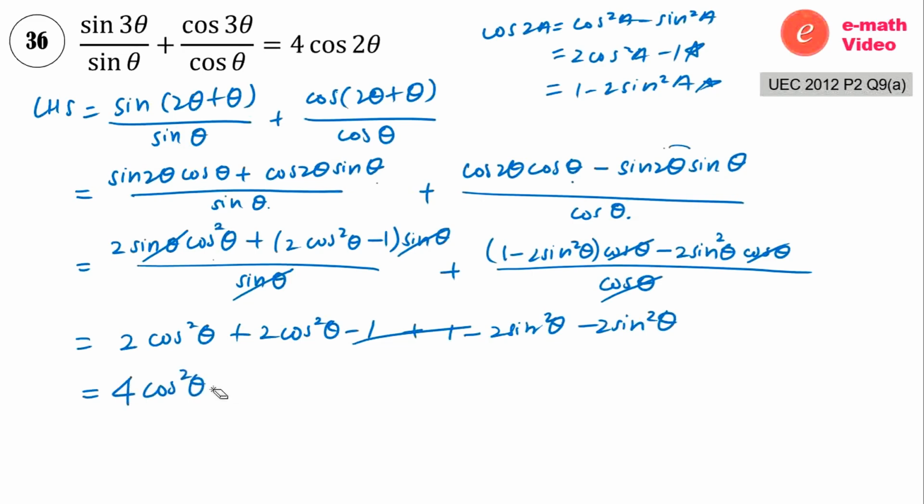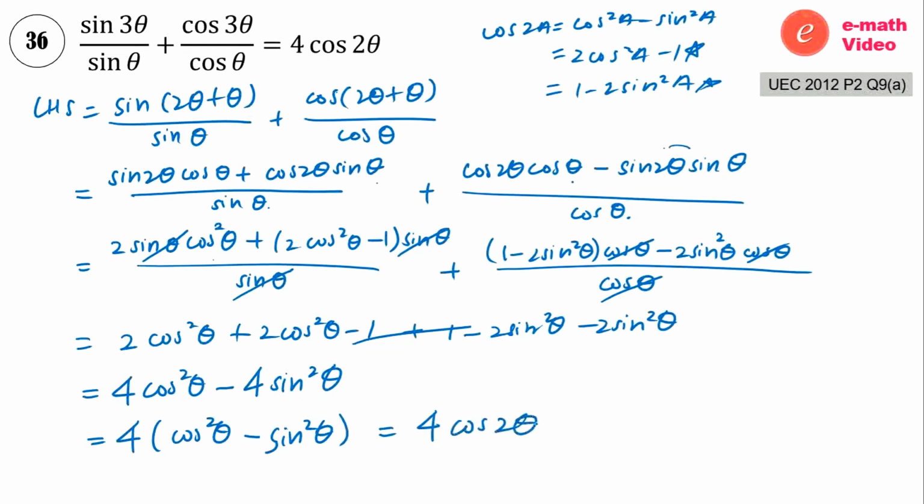Minus 2 becomes minus 4 sin square theta. Factor out the 4: cos square theta minus sin square theta, it equals 4 times cos 2 theta.